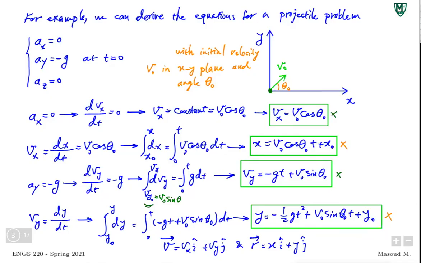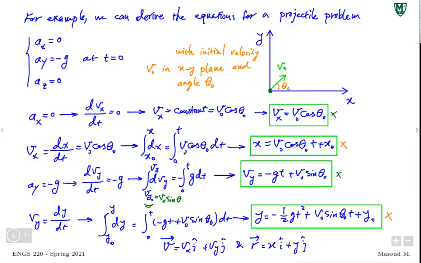What we know is that this object starts from the ground, so y naught is equal to 0, and it ends up on the ground, so y is equal to 0. y naught is where we are on the y-axis at the beginning of the motion, and y is where we are at any given time on the y-axis. I know v naught, I know sine, I know theta naught, I know g. The only missing part in that equation is t.